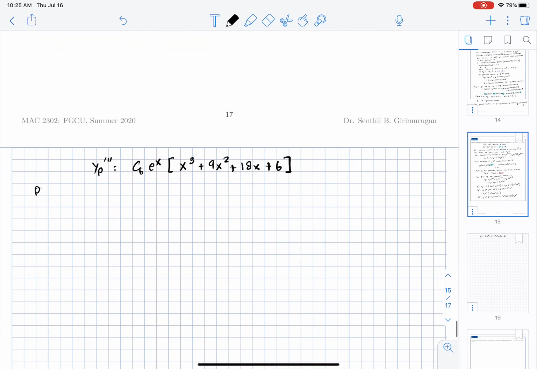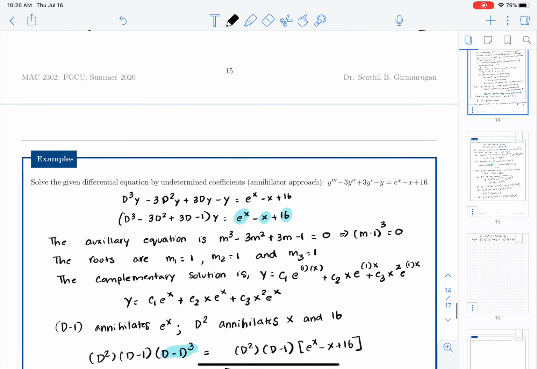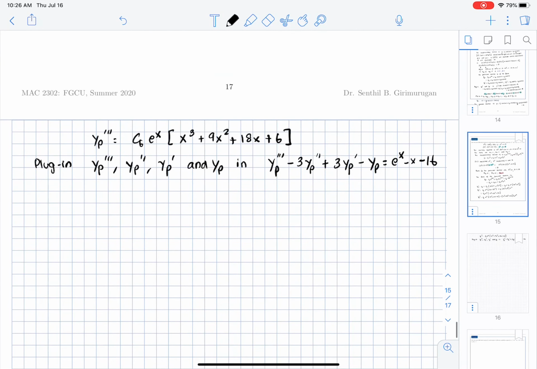So plug in yp triple prime, yp double prime, yp prime, and yp in yp triple prime minus 3 yp double prime plus 3 yp prime minus yp equals e raised x minus x, I believe it was 16, so minus 16. Oh, plus 16.